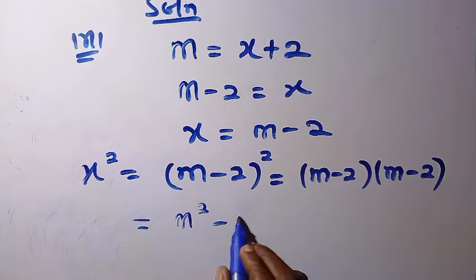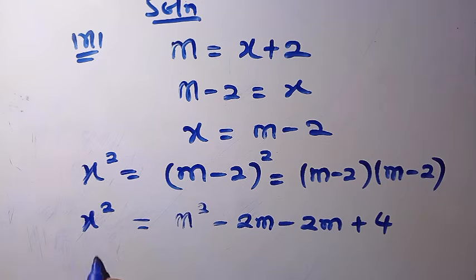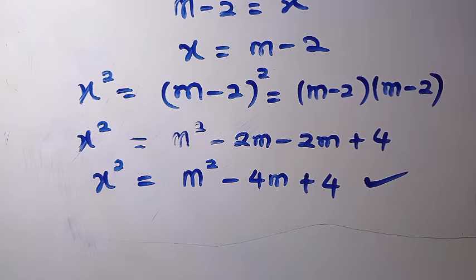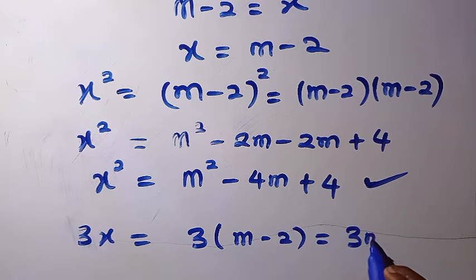We have m squared minus 2m minus 2m plus 4, so x squared is m squared minus 4m plus 4. Then for 3x, this equals 3 bracket m minus 2, which gives us 3m minus 6.